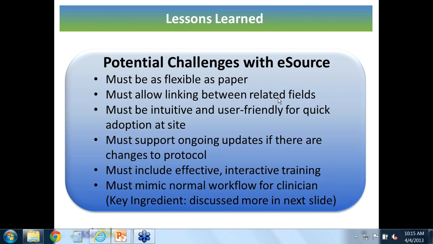So let's say, for example, there's a change to the protocol. The system should always support an ongoing, remote update, which is most important, so that these tablets aren't having to be returned to the vendor, for example. It must include effective and interactive training. eSource is relatively new at all the sites that we've worked with before, and so what we've learned is that training is critical.